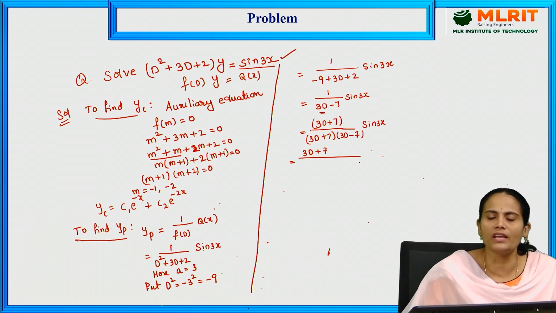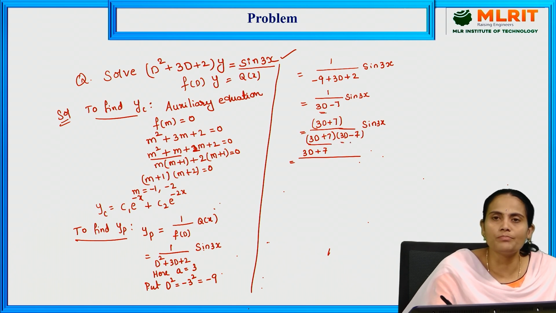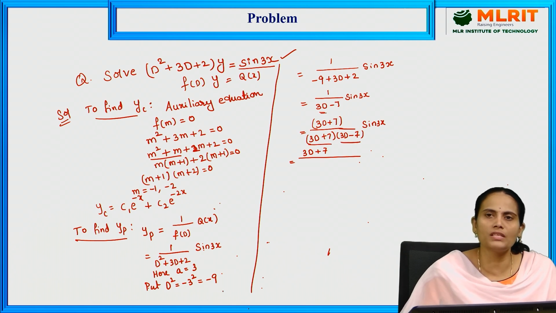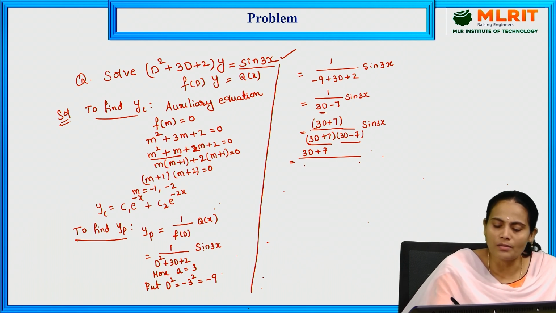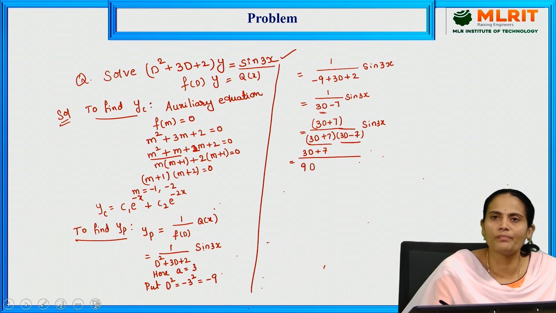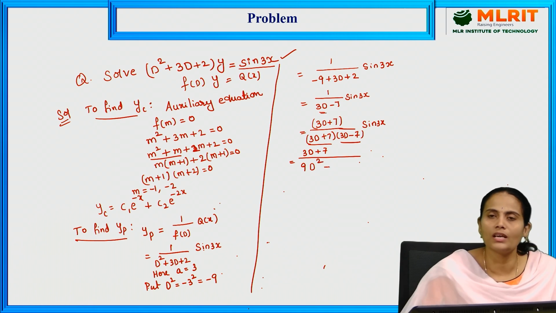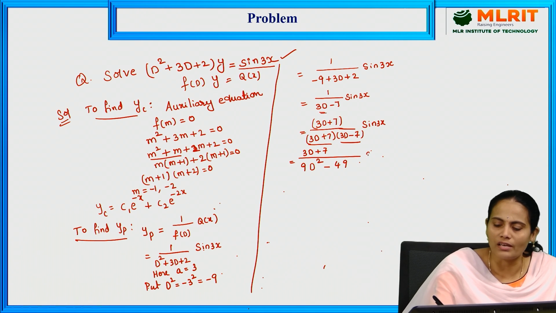This is of the form a plus b into a minus b, which is nothing but a square minus b square. So 3D whole square, that means 9D square, minus 7 square, 7 sevens are 49, into sine 3x.